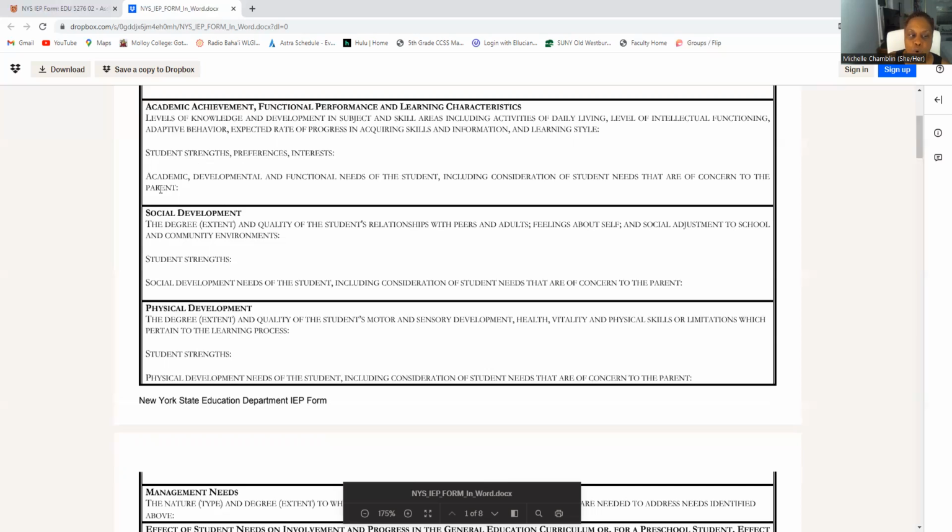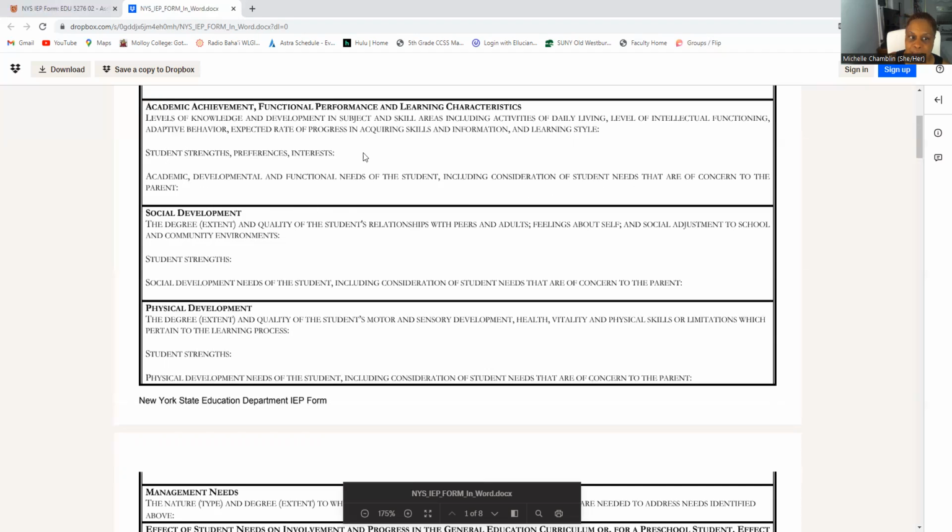And then we also ask the parent, what are some of their concerns in regards to academic, developmental, and functional needs that the student has. So we might have some and the parents might have some. So this is why here we include consideration of the student's needs that are of concern to the parent.